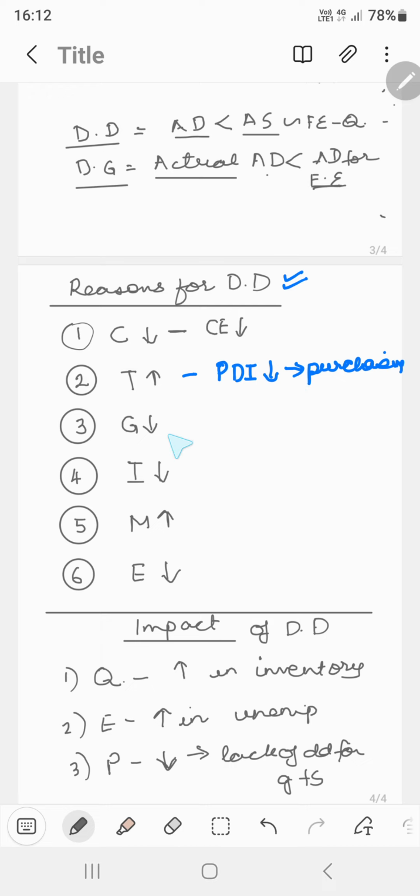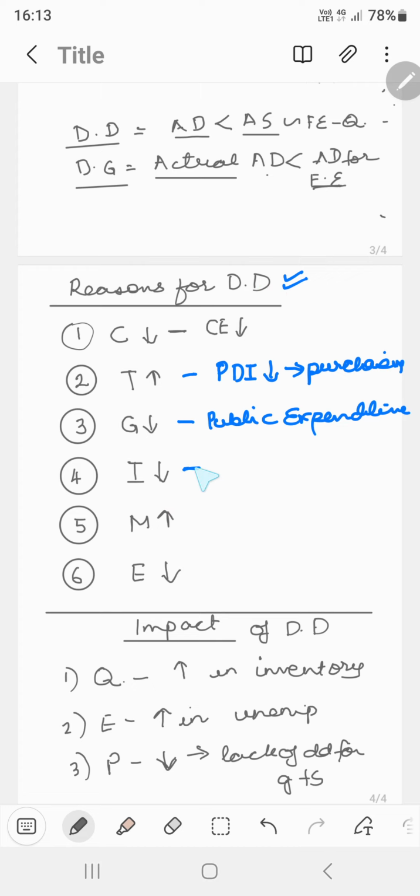The third reason is decrease in government expenditure. We know that the government spends on various things. So if there is decrease in public expenditure, which means less money being spent by the government, less money comes into the hands of the people, which becomes the third reason for deficient demand.